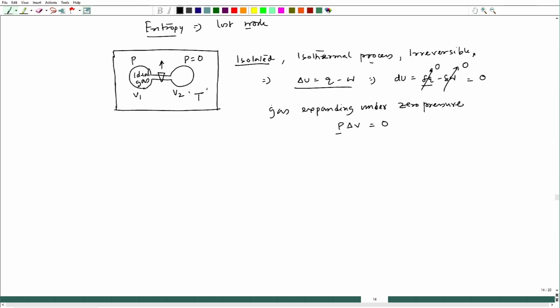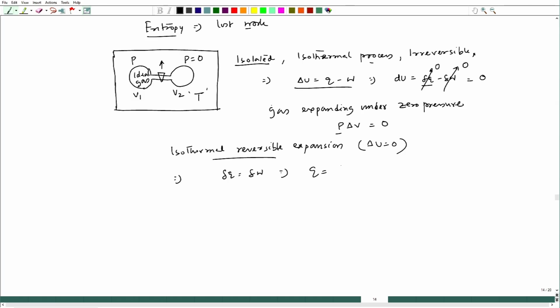Now, let us say the same process happens under reversible condition. So, if isothermal reversible expansion takes place, then I can calculate. In that case, del U equal to 0. So, del q equal to del w.